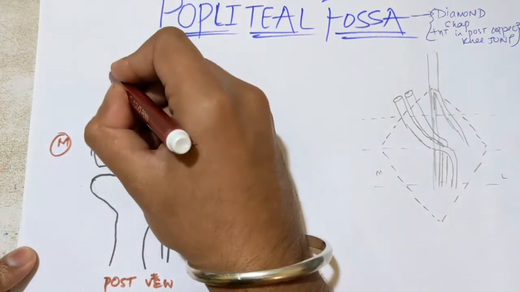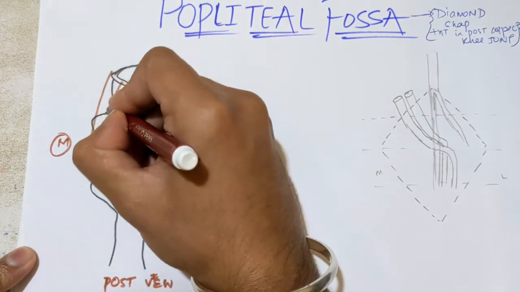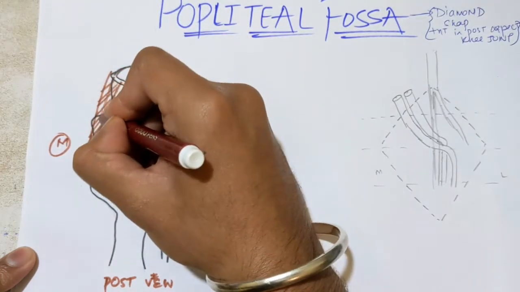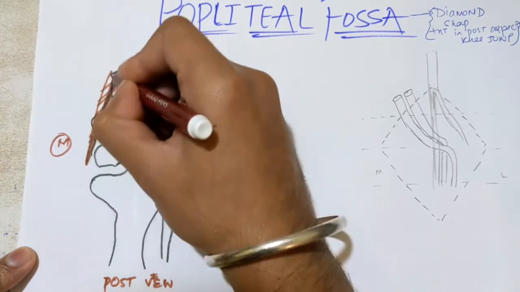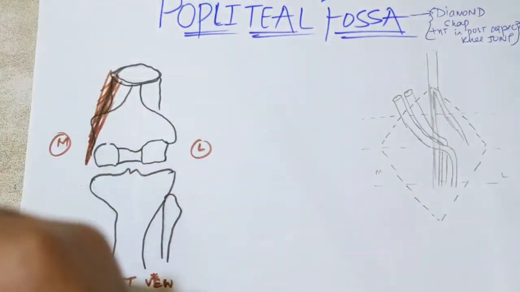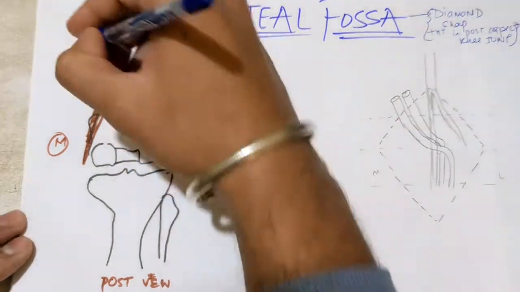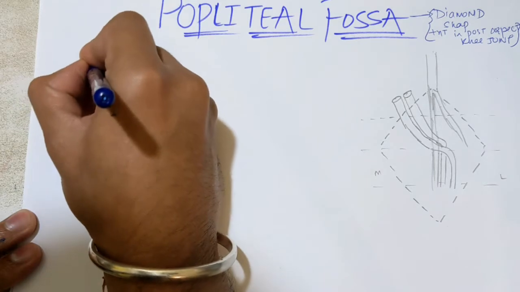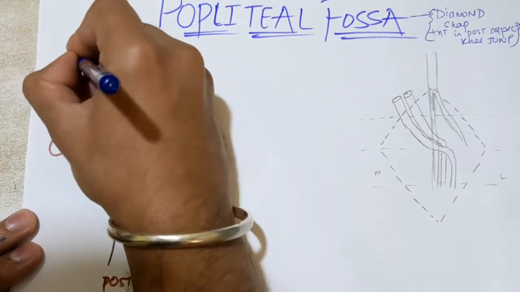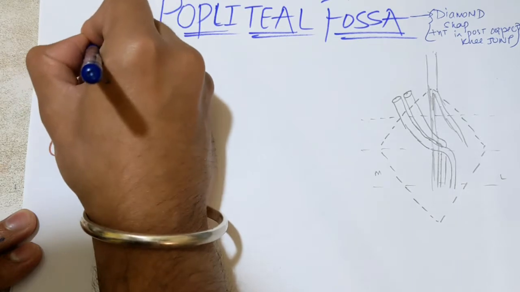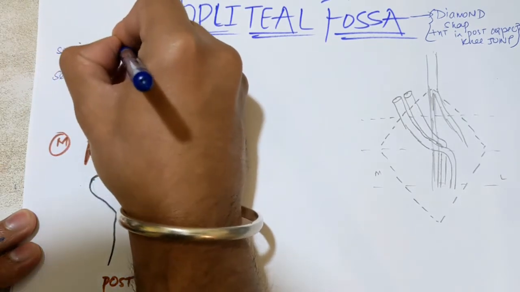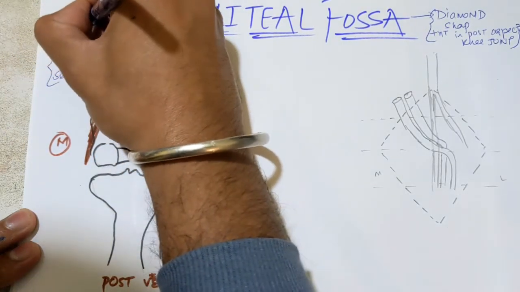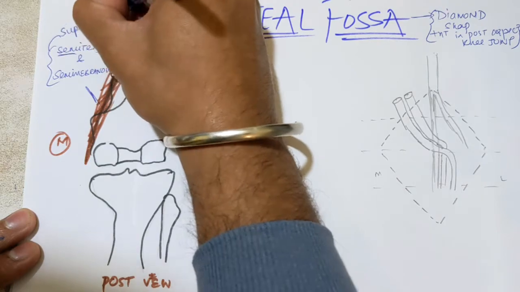So the first muscle will be semimembranosus, and one more muscle will be semitendinosus. These two muscles will be forming the superior medial boundary.